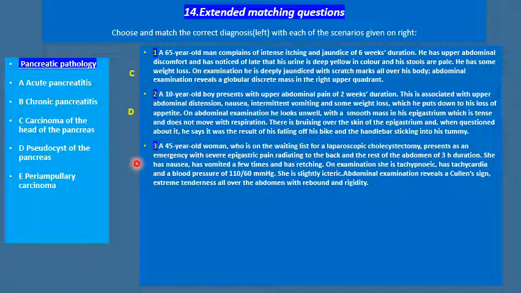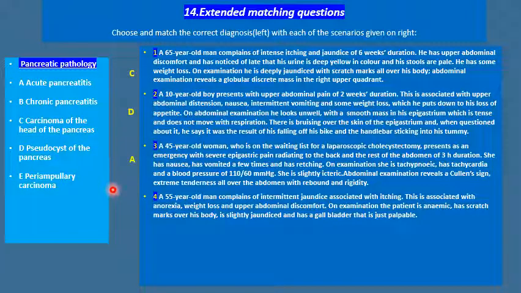On examination, she is tachypneic, tachycardic, and has a blood pressure of 100 by 60 millimeters of mercury. She is slightly icteric. Abdominal examination reveals a Cullen sign with extreme tenderness all over the abdomen with rebound and rigidity. What is the correct diagnosis for this patient? The answer is A. Acute pancreatitis.